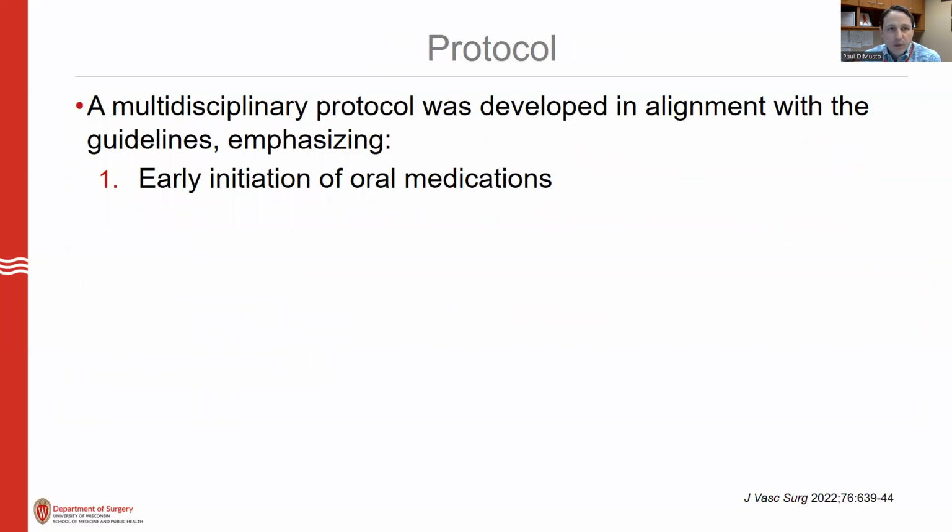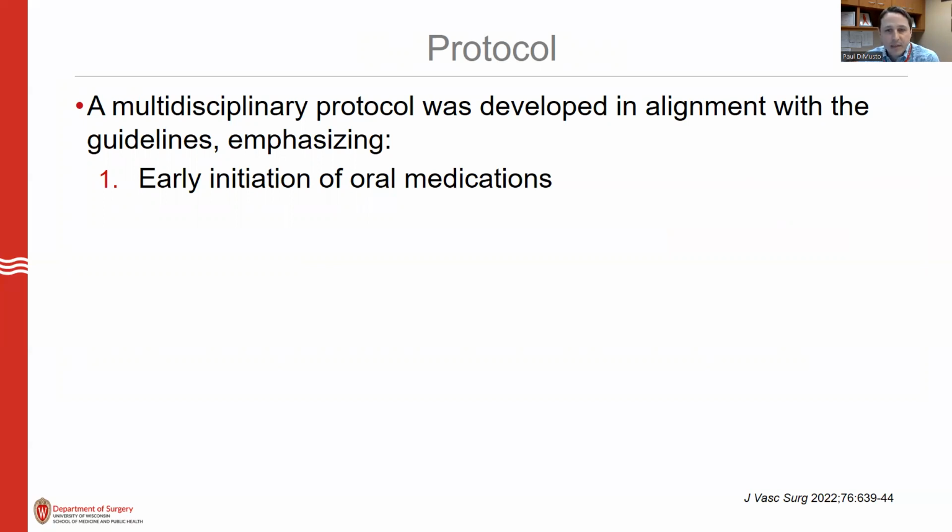Here at UW, we developed a very specific protocol to standardize the management of these patients with uncomplicated acute type B dissections. This was done partly to standardize care, but also to try and reduce costs related to drugs and ICU length of stay, and to reduce overall hospital stay, obviously without harming patients.